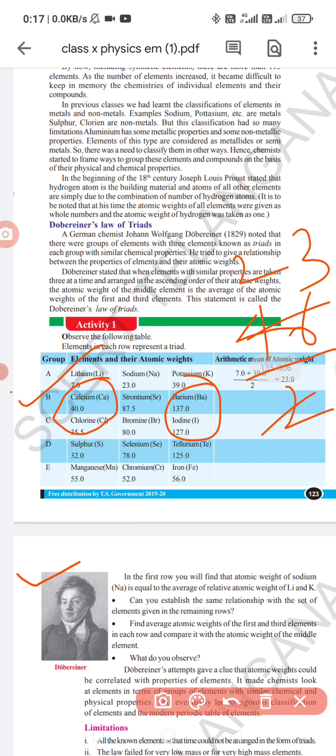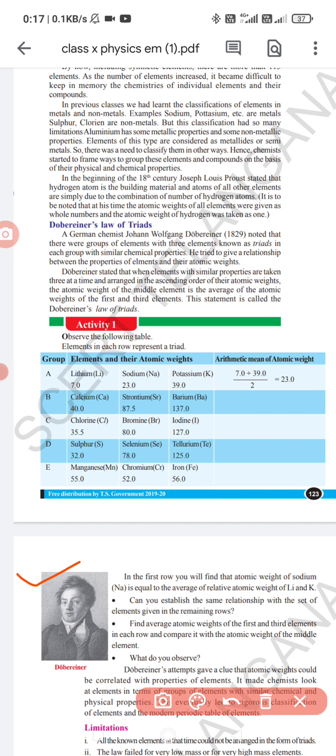He added these two and divided by 2, so we got the average as 23. This average is the same as the atomic weight of the middle element. What is the atomic weight of the middle element? 23. So we got both the same.